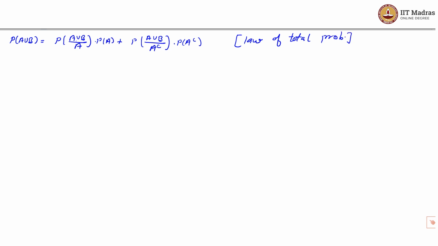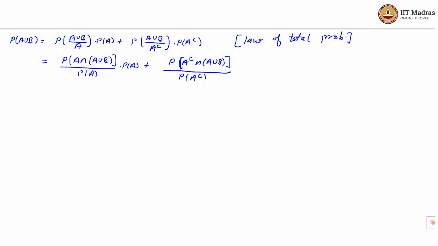Now P of A union B given A, I can write as P of A intersection A union B divided by P of A by the formula of conditional probability, into P of A, plus P of A complement intersection A union B divided by P of A complement into P of A complement.